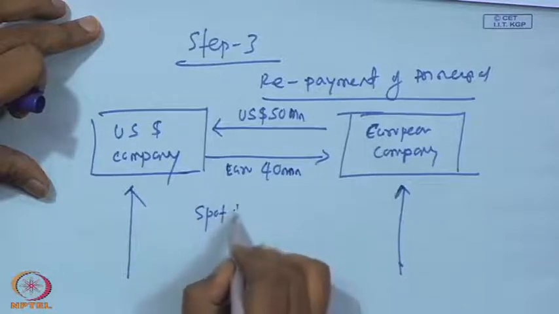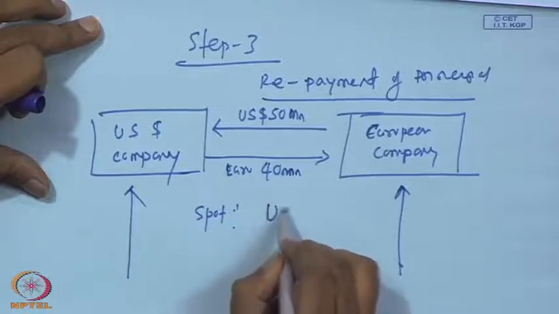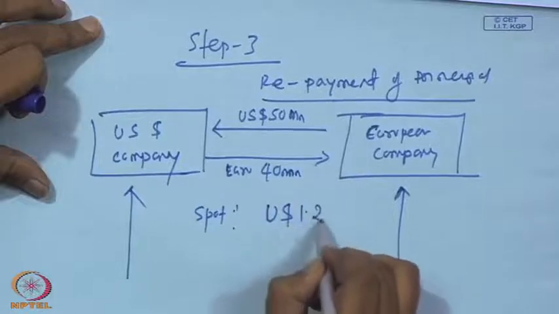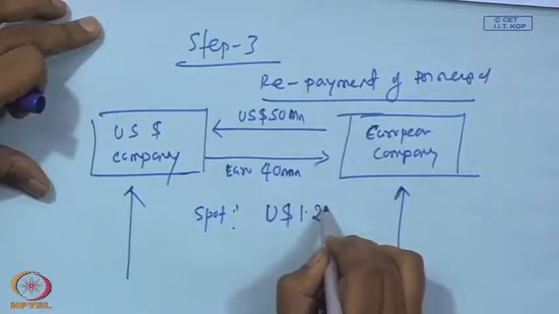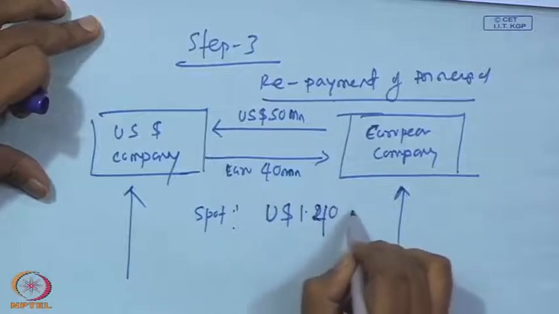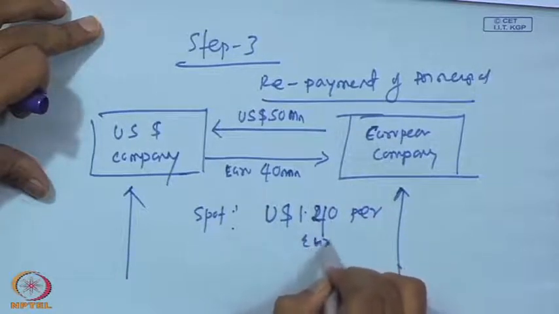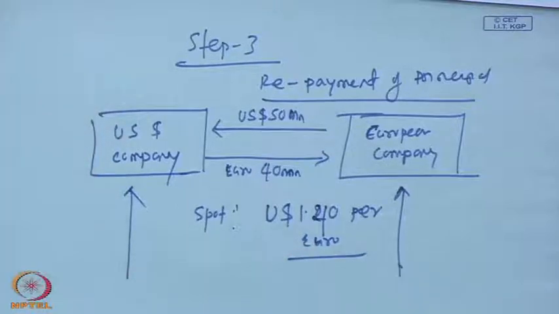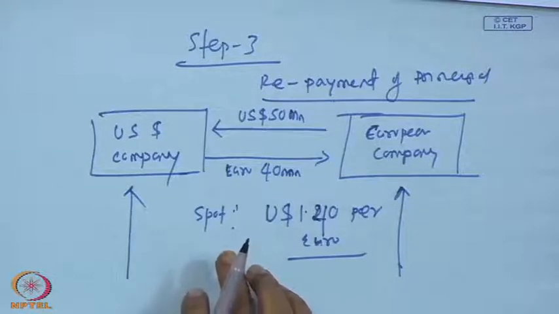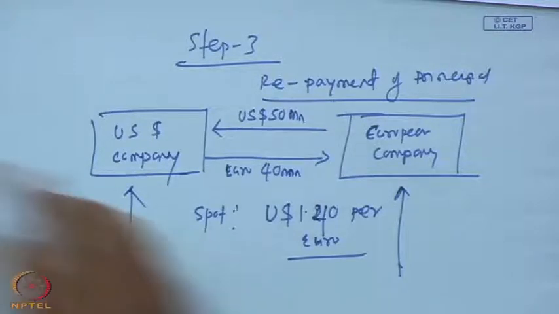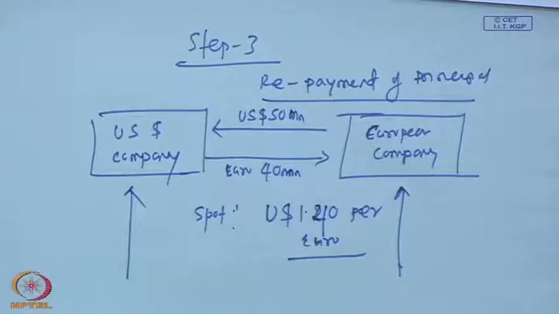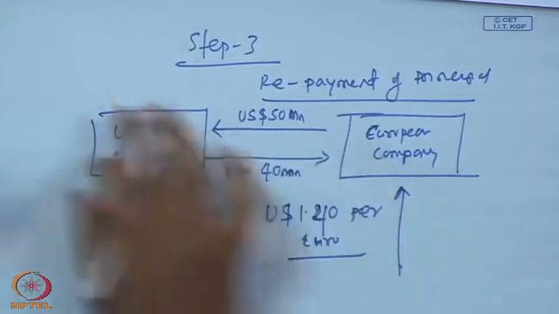The rate of the transaction is US dollar 1.40 per euro. The prevailing rate is $1.40 per euro, and at that rate the transaction takes place.